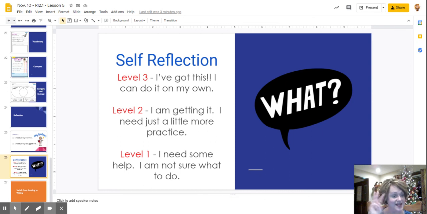If I was, then I had a 3, because that's all you had to do to master that target: find the answer to that question and a key detail. If you were struggling at finding the key detail or reading the passage, but you kind of have the concept, you just need a little bit more practice, then you are a 2. And if you're not sure and you really needed a lot of help today, that is a 1.